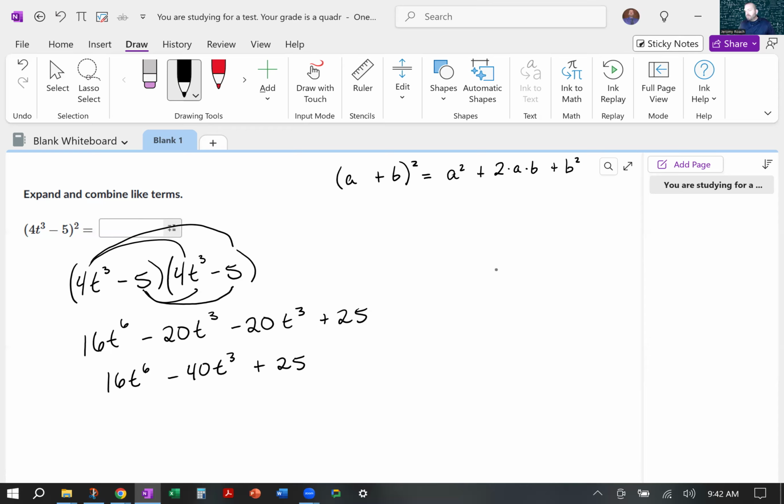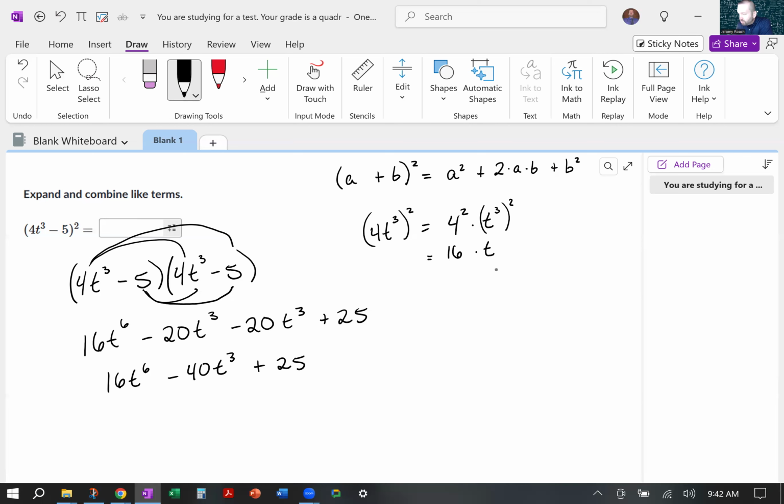It gets a little bit more complicated though when we have variables inside of the parentheses like this, because if we were to square 4t cubed, we have to be careful to square all of it. And so that means that this is 4 squared times t cubed squared, which is equal to 16 times t.